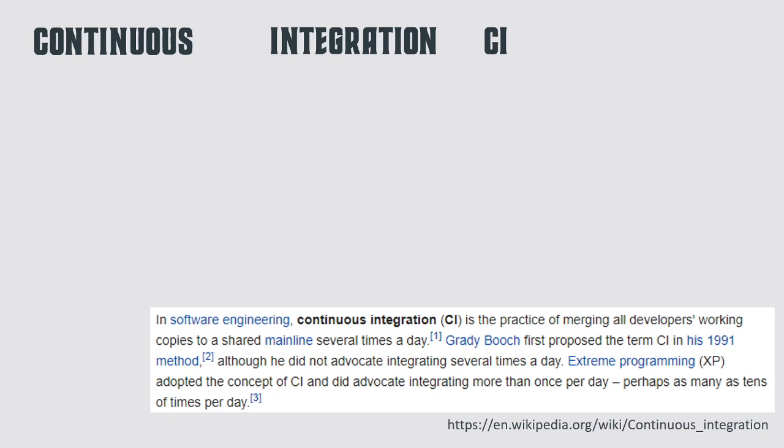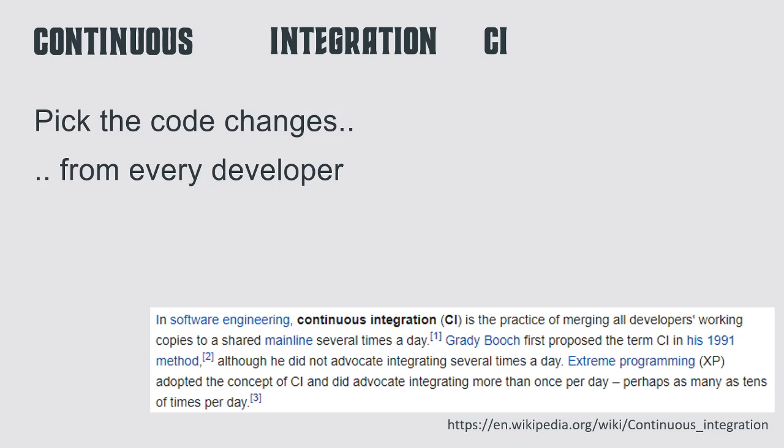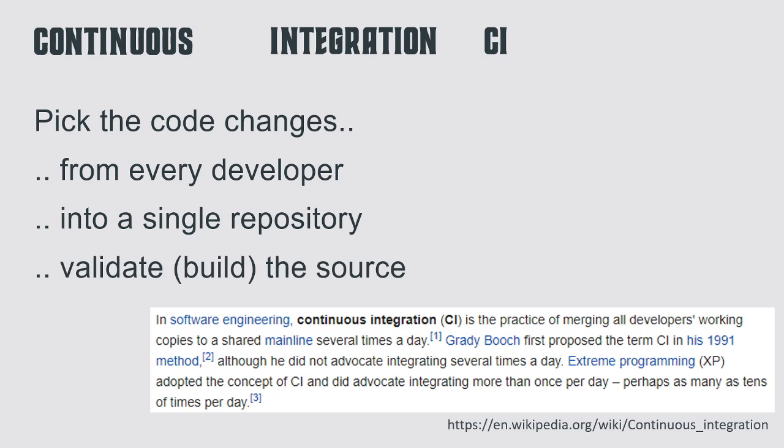Not once per day, but continuously. Whenever you make a change and say, okay, I'm done, you commit it to the main repository. That is the approach of continuous integration. It picks the code from every developer into a single repository.